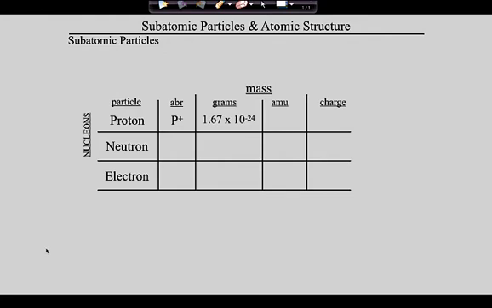Well, in grams, they're this: 1.67 times 10 to the negative 24th grams. Guys, in the subatomic world, that's a dump truck. That is like, holy smokes, very, very massive. But here's the thing that's weird. Don't write this down, but watch right here.